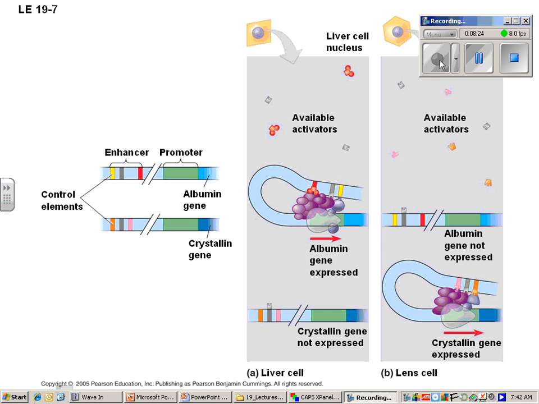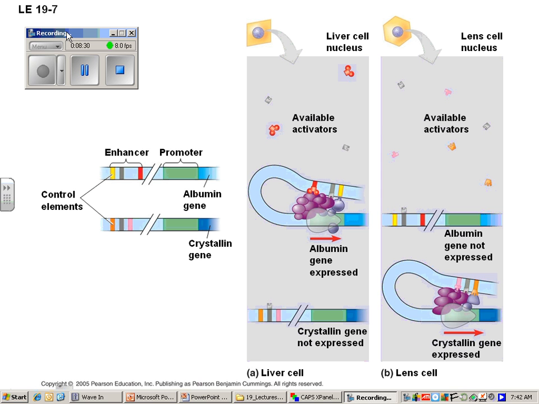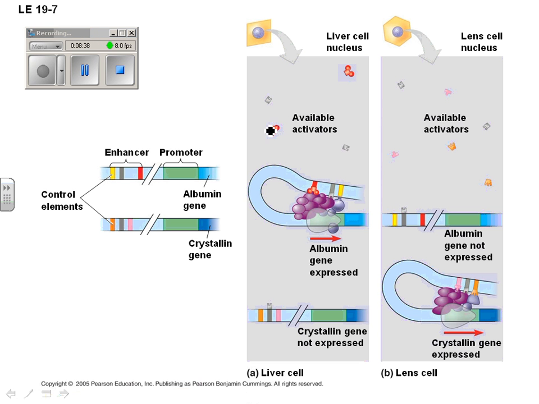Here's an example. We're looking at two different cells. The liver cell nucleus. The liver has to produce a gene called albumin. And so we have available activators, or transcription factors, in the liver cell that stimulate production of the gene. In the lens cell, we have to produce a gene called crystallin, which makes sense.